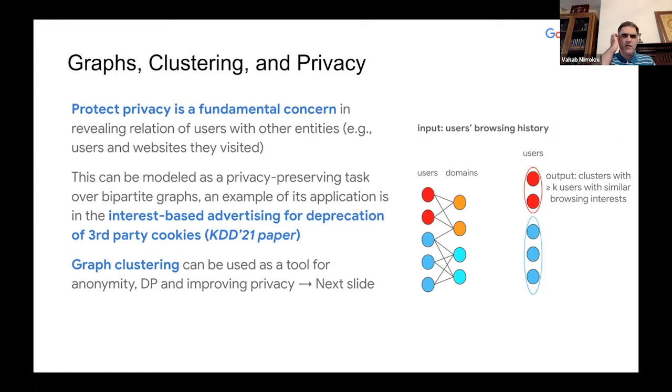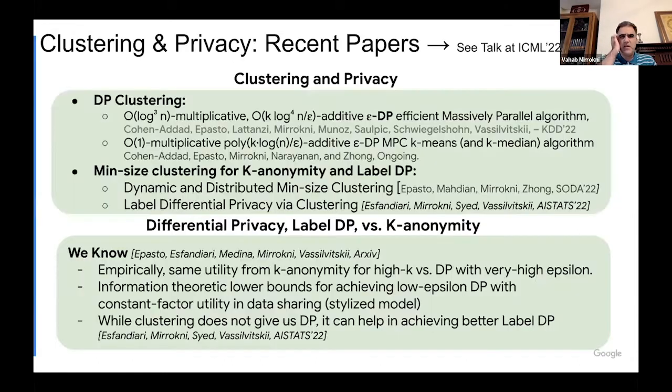In the context of clustering and privacy, we develop differentially private clustering techniques that achieve a better level of privacy, and we are trying to develop more scalable tools for that. We also use minimum size clustering to provide some level of anonymity, or what we call label differential privacy in different applications.